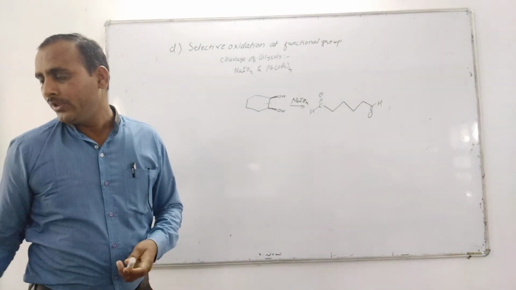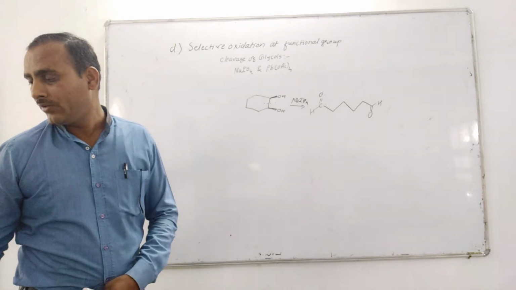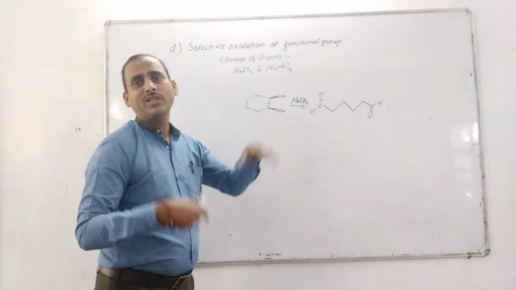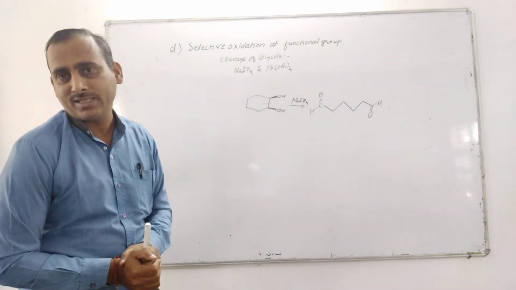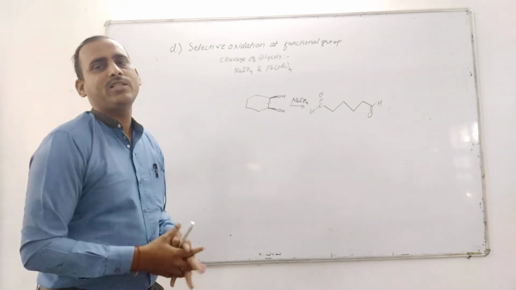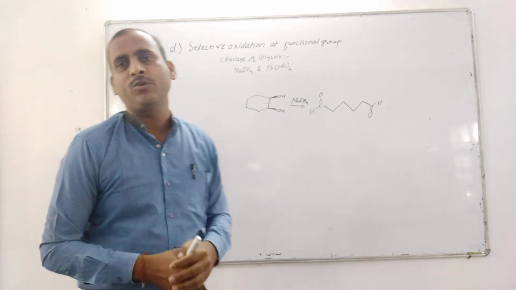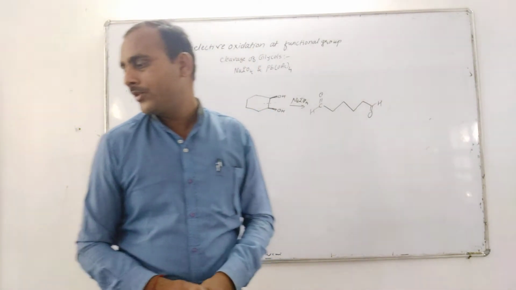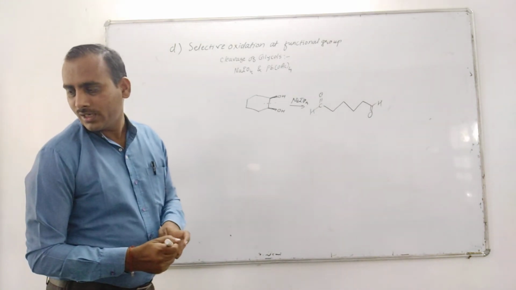Okay, now let's see the oxidation by using periodic acid. So instead of sodium there is hydrogen, then it is the periodic acid, and this periodic acid follows the same mechanism to form the aldehyde again, by cleavage of diol, that is glycol. So let's see another example.